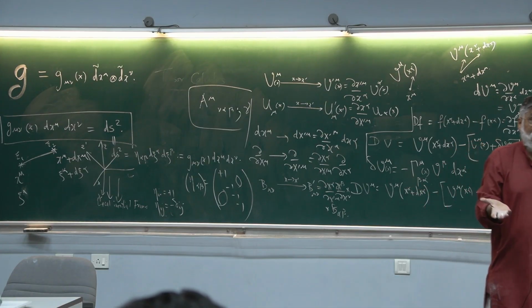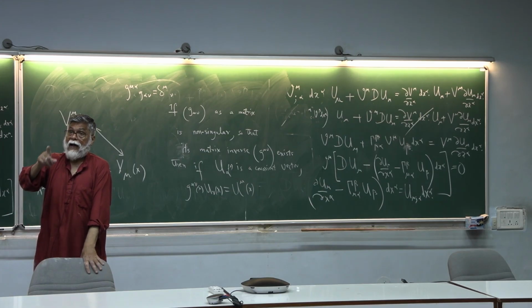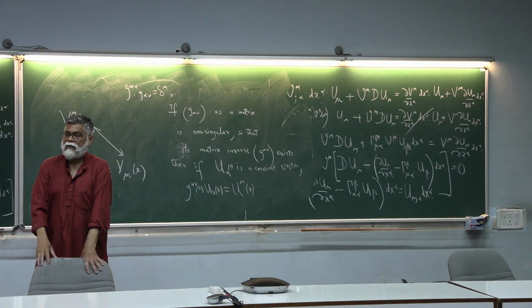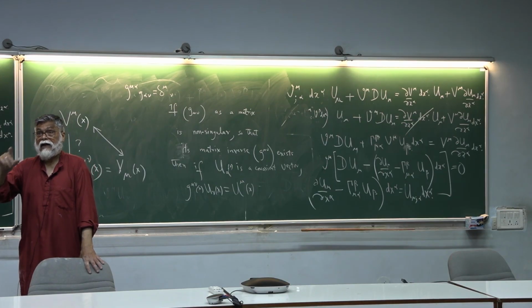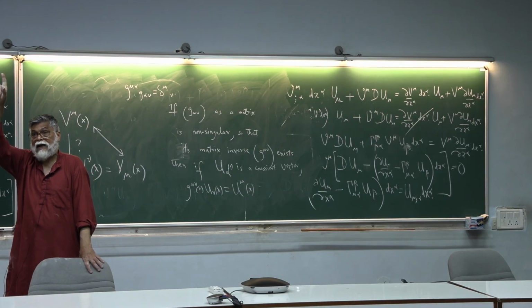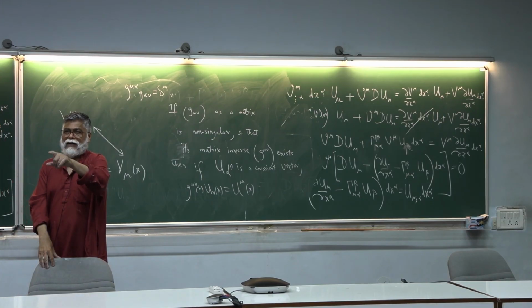But the physical significance of F mu nu is that F0i components, what do F0i components represent? What are electric field and what are magnetic field? F0i's correspond to electric field and Fij's correspond to magnetic field.